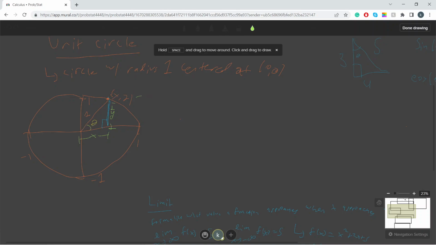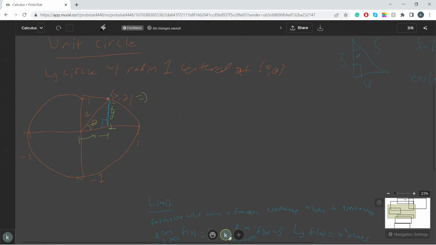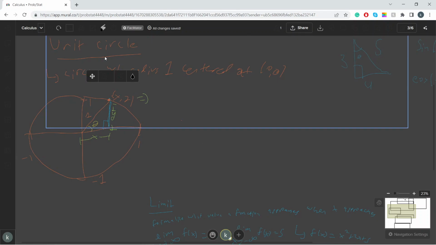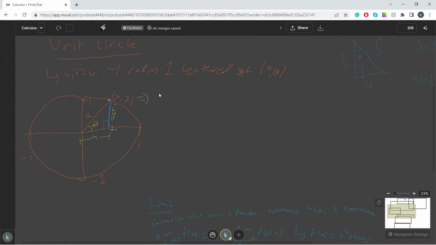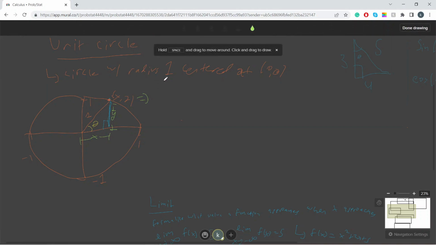So what you see here is that, sorry about that, we know the following. With respect to this theta right here, x is the adjacent side and y is the opposite side.